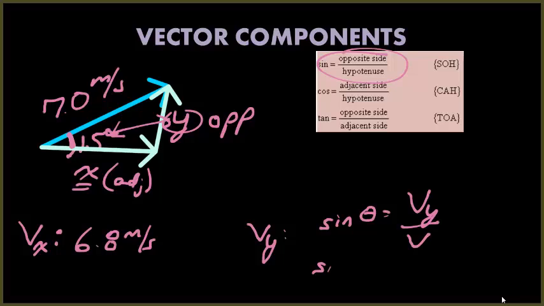Putting in the numbers, sine of 15 is Vy over 7. Just like we did before, multiply both sides by 7 and get your answer. Hopefully you're getting the same thing that I am, and that answer is 1.8 meters per second.